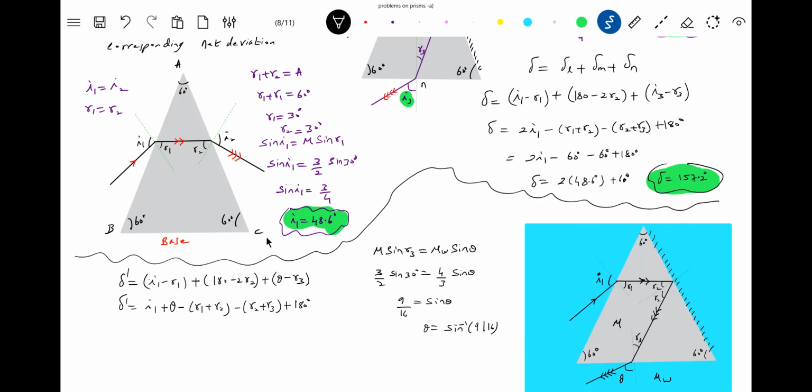This value of theta we will substitute, so this will be the net deviation. I1 will be as usual 48.6 degrees, plus theta, minus R1 plus R2, 60 degrees, plus 180.